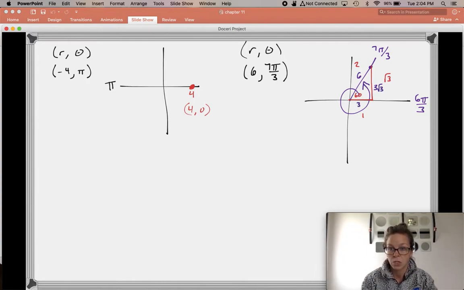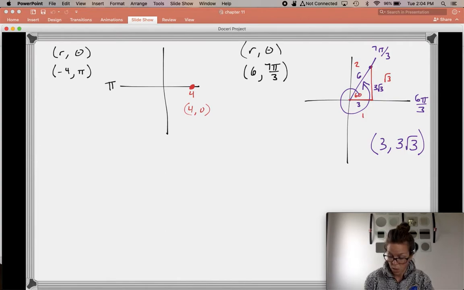It's like we took that 1, 2, square root of 3 triangle and just blew it up 3 times as big. So now my x comma y is going to be x is 3 and y is 3 square roots of 3. Okay? So use some special triangles there, 30, 60, 90, 45, 45, 90 could come in, and then the unit circle there as well. We can convert the other way as well.